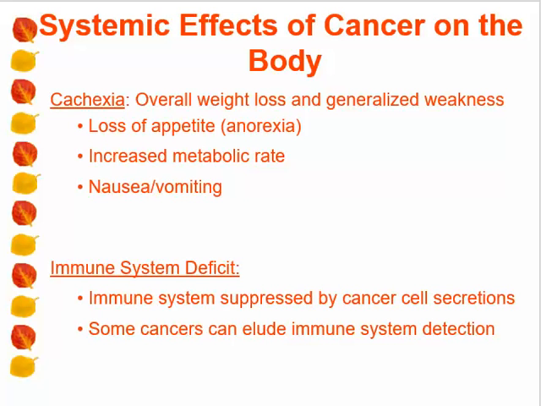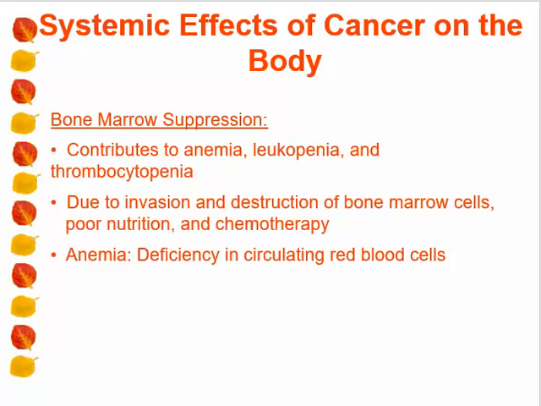People waste away. Immune system tends to be suppressed either by the cancer cells or by the therapies themselves. Oftentimes, bone marrow is suppressed.